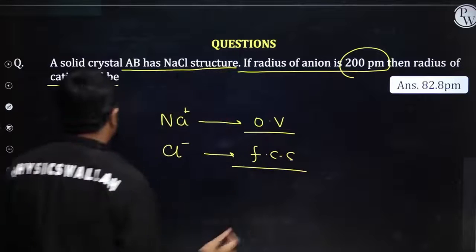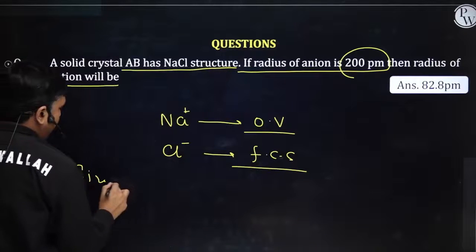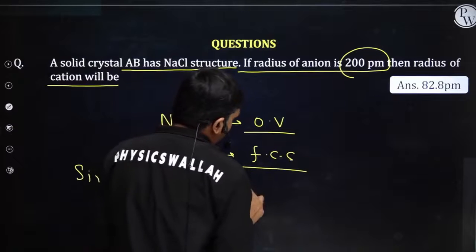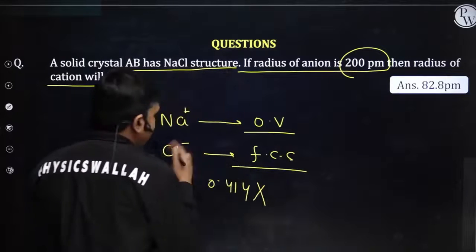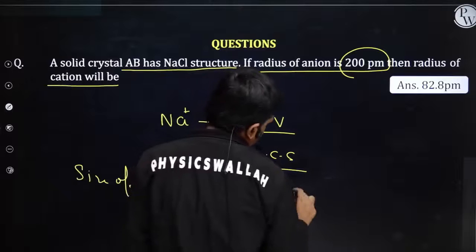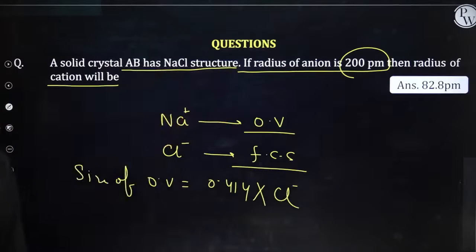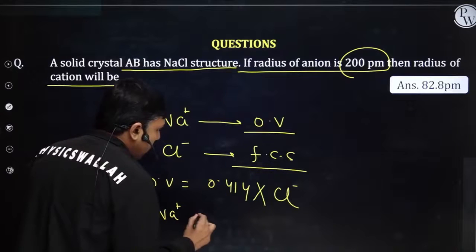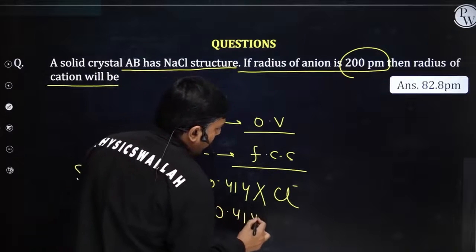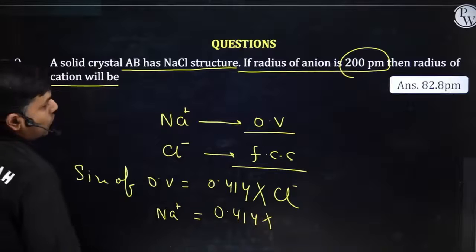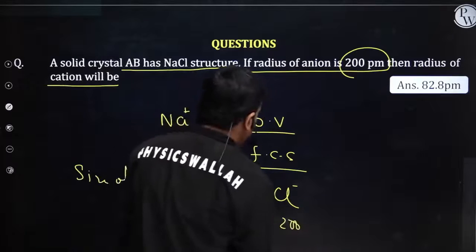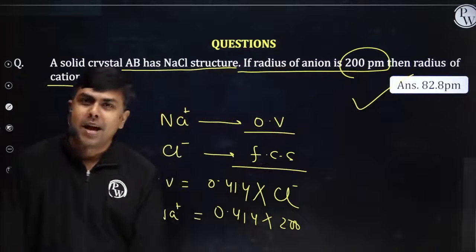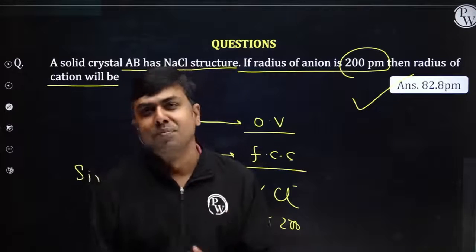We have studied the size of OV is equal to 0.414 times the size of the atom, here 0.414 times the size of Cl-. So the size of Na+ will be equal to 0.414 into 200, which is close to 82.8 picometer. Am I clear, students? Let's move ahead.